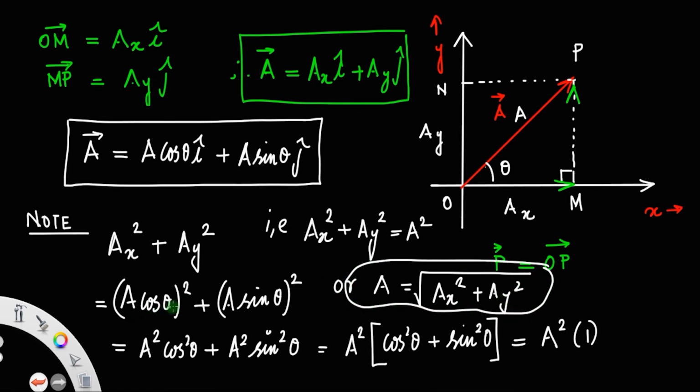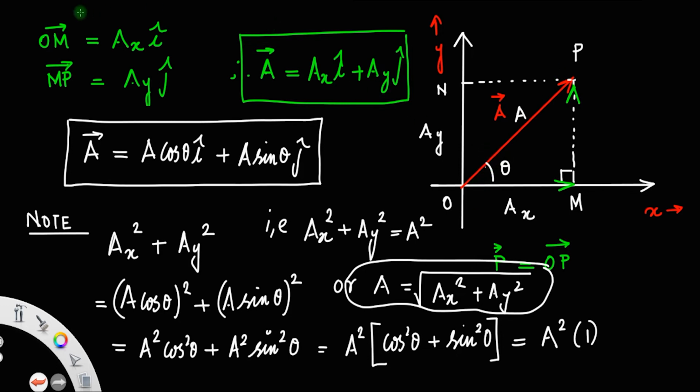Clear? So if you add the squares of the components and then take the root, you will get the magnitude of the vector. Sometimes this A is called the parent vector. So you will get the magnitude of the parent vector.